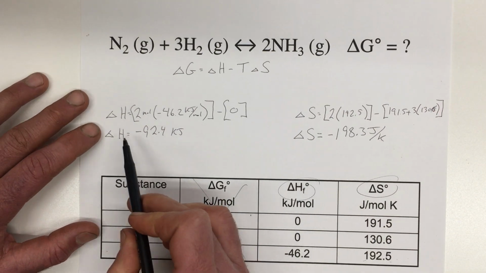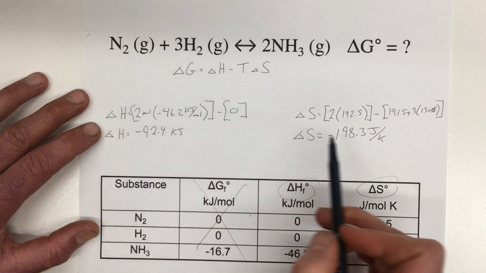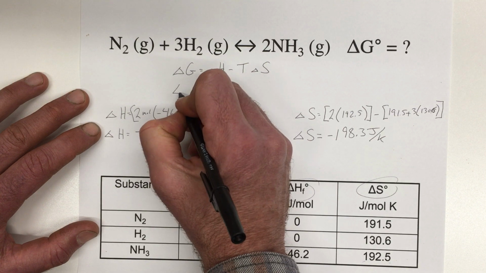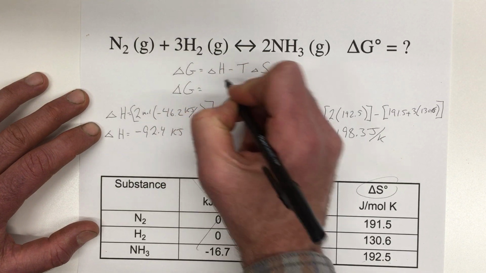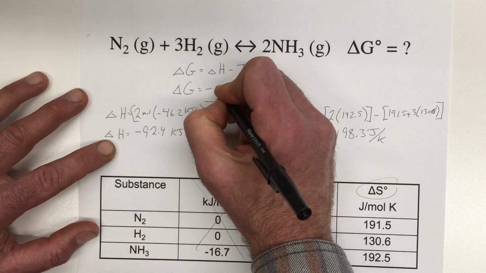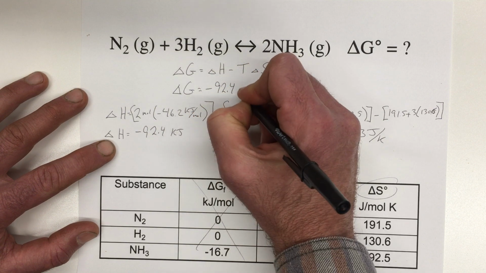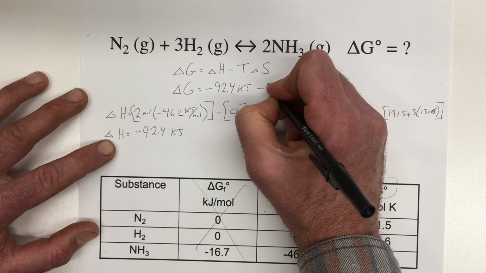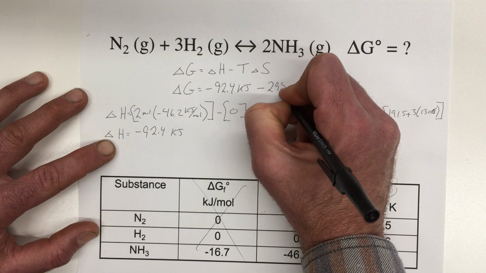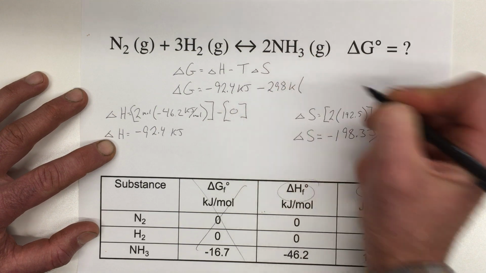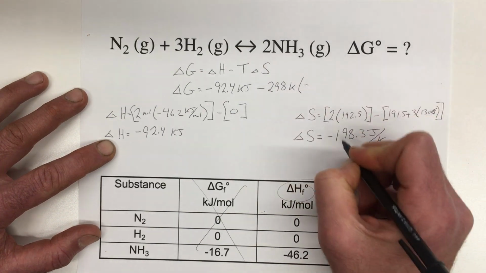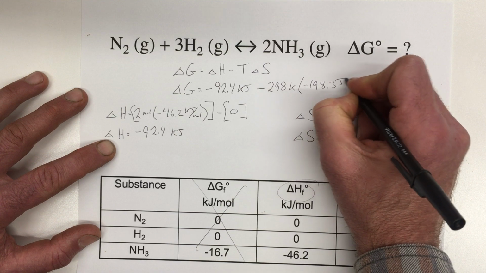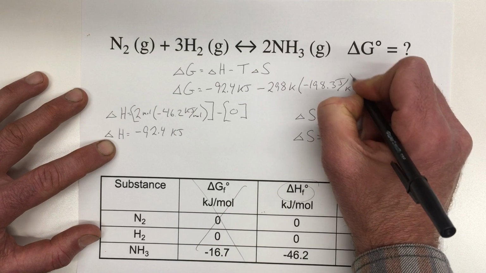So we've calculated delta H and delta S. And if we have delta H and delta S, we can plug it into this equation to find delta G. So delta G is equal to delta H, negative 92.4 kilojoules, minus T. We're at the standard temperature, so 298 degrees Kelvin, times negative 198.3 joules per degree Kelvin.